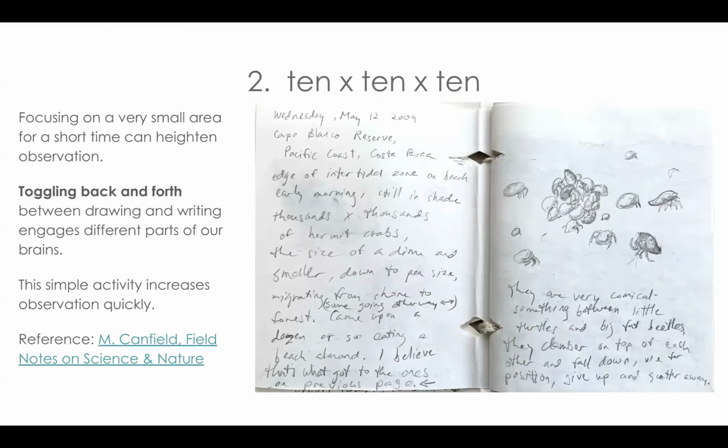So 10 minutes, something really small, and 10 observations about it is a way to get people a little bit more into that mindfulness place of being present and paying closer attention, whereas a gesture drawing is super quick. This is a way to get people a little bit more focused.